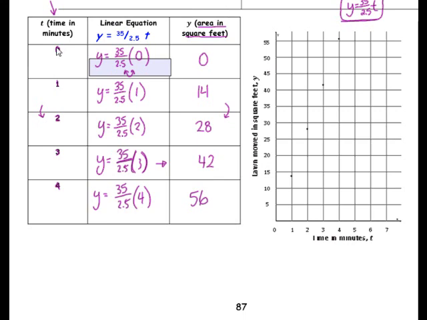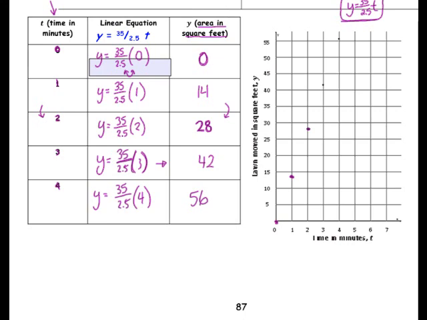To graph the points, we have 0 minutes and 0 square feet, and that would be at the origin 0, 0. Then we have 1 minute and 14 square feet, over 1 and up 14. Next, 2 minutes and 28 square feet, so we go over 2 and up to 28.